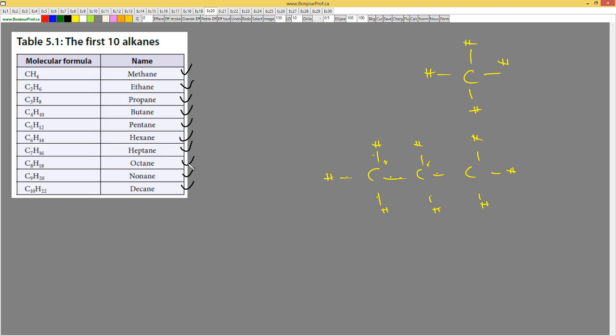But we can have an alkane with, for example, 100 carbons. C100, H for example 202. For 100 carbons we need 202 hydrogens. There is a rule. If I have n carbons, the number of carbons is n, so we have a formula. The hydrogens that I need is 2 times n plus 2. So if I have 100 carbons, I put 2 times 100, it will be 200, plus 2, it will be 202.